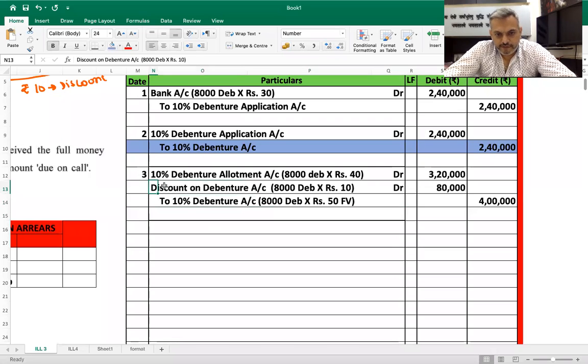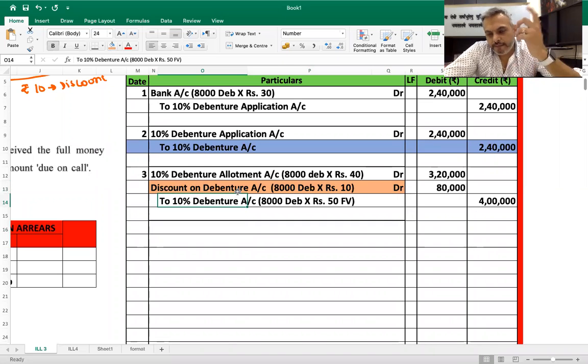Now this is the new concept over here in this sum, discount on debenture account. So along with debenture, you have to record discount on debenture, just like premium. Okay, capital के साथ ही premium आएगा. But here, because it is a discount, it is debit, it's the expense, it's the loss of the company. So we credit 10% debenture and we debit discount.